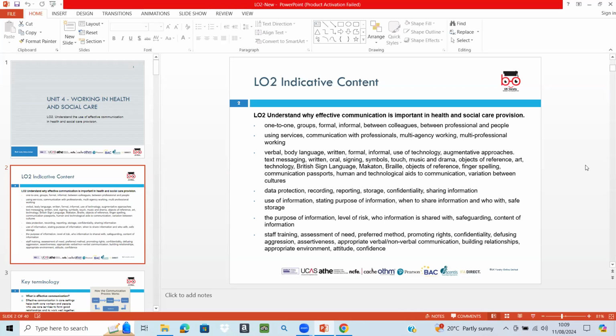Also, if any one of you are working in care setting, so like we all know how important is communication in health and social care.